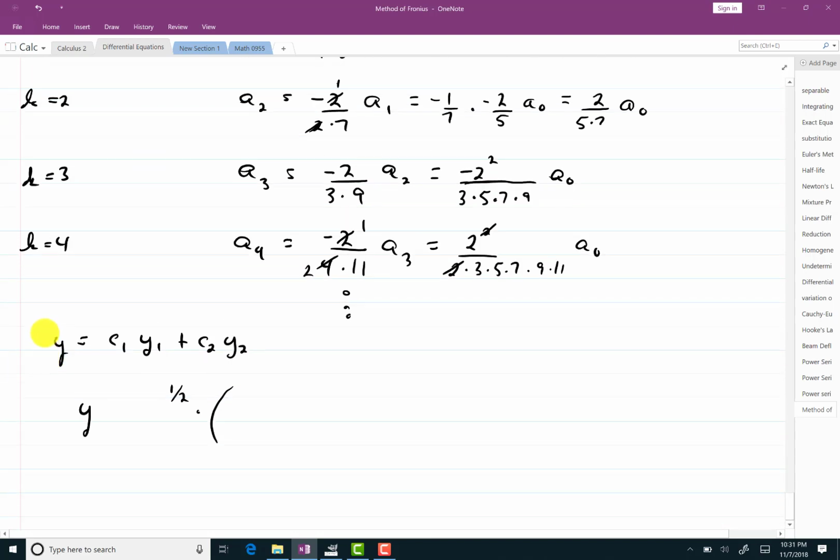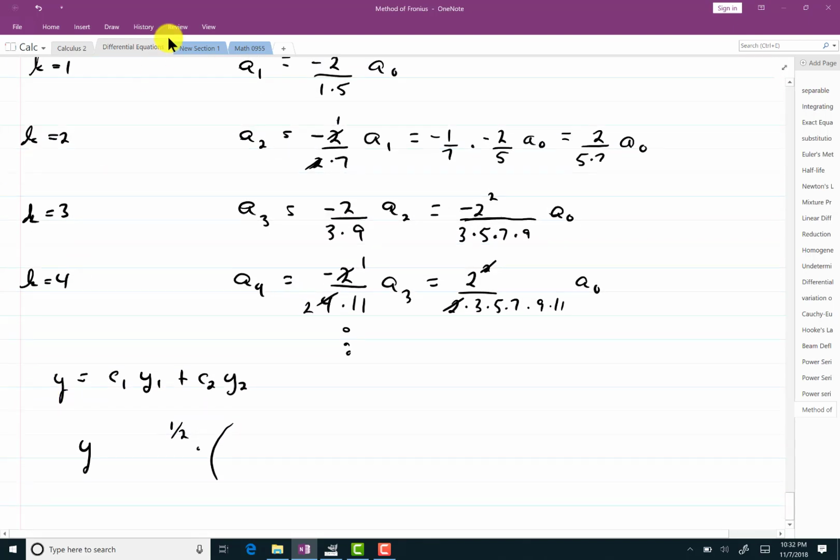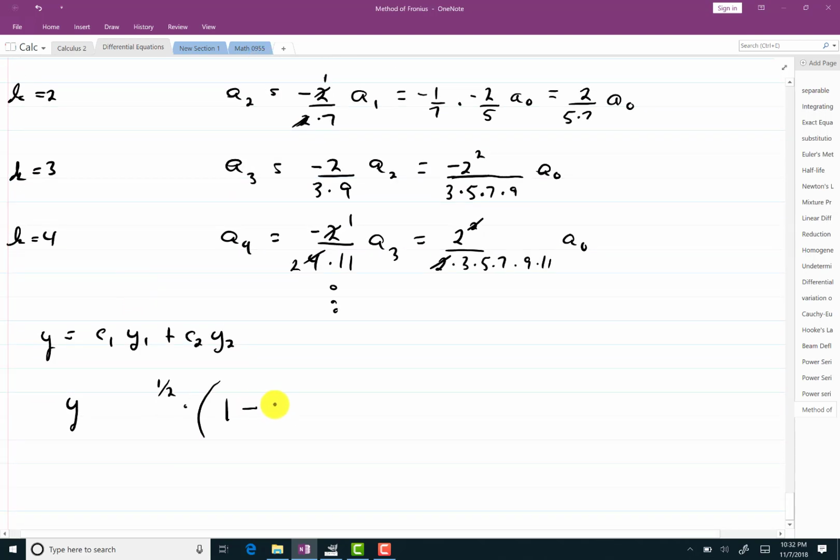So that was 1, here I was going to start with 1 where the a0 position was, but then we have minus 2 over 5 times x, because that's attached to a1. And then attached to x squared we have positive 2 over 5 times 7 a0.